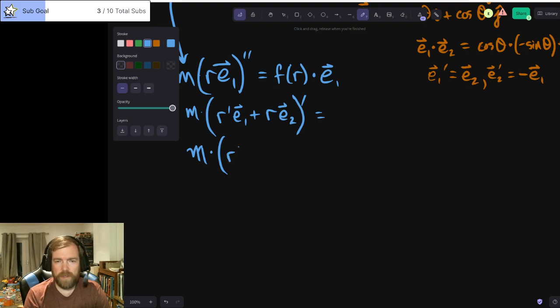So this is going to be r double prime E1 plus, and then we end up with another r prime, and then we take the derivative of E1 and we get E2 again.